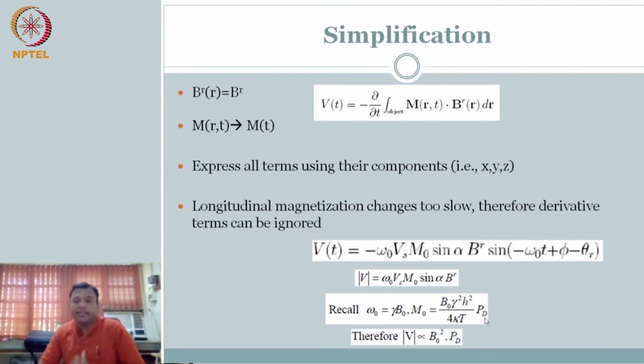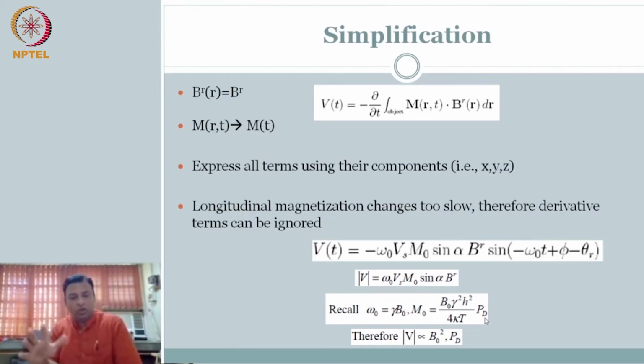This is very important. So now you understand, if I go from a half a Tesla machine to 1 Tesla machine, 1.5 Tesla machine, 3 Tesla machine, the signal inherently is same. My volume is same, my proton density is same. But if I increase the field strength, my signal strength goes up. Therefore, if my signal strength goes up, I can get better quality signals, right?